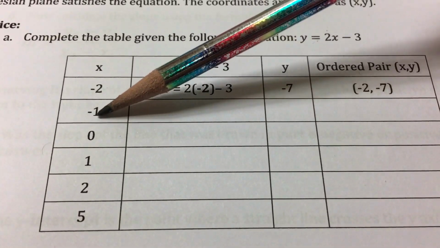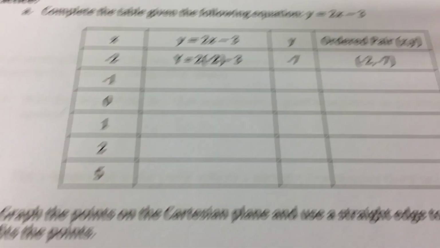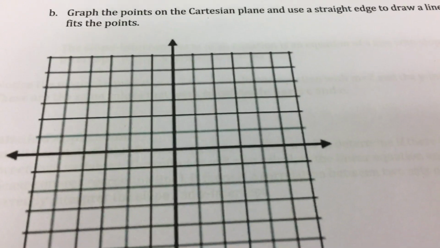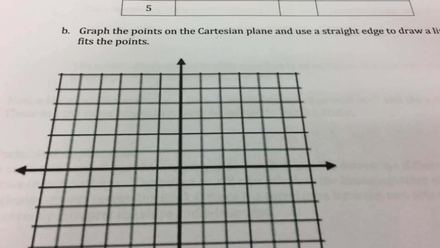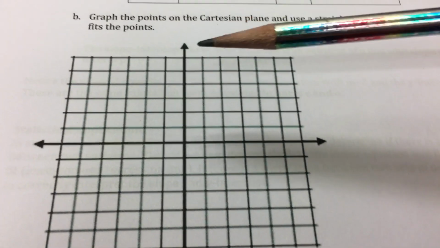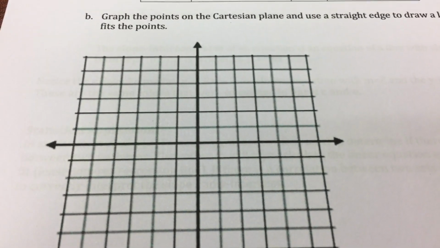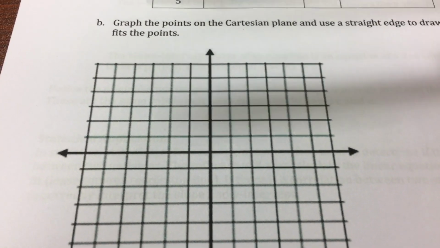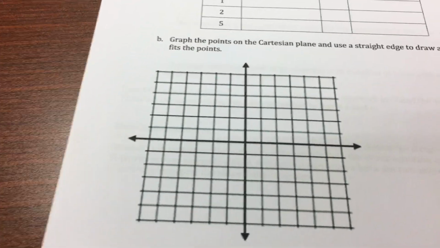Notice you will come and plug in -1 into your equation and work it, and 0 all the way down. Then you're going to graph your points on this plane. If you need to, print this paper off, plot the points, and take a picture with your phone. Then you can upload the document using the pictures.